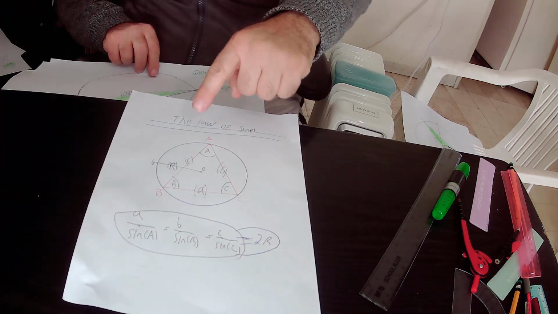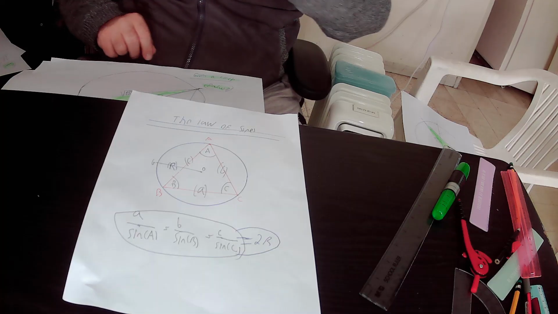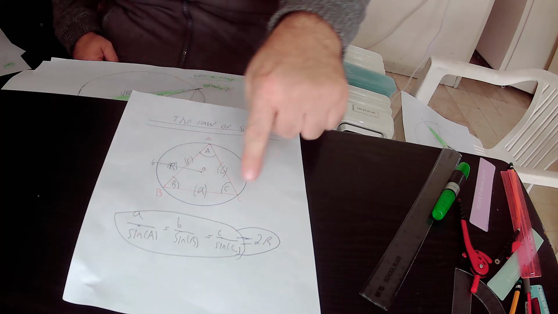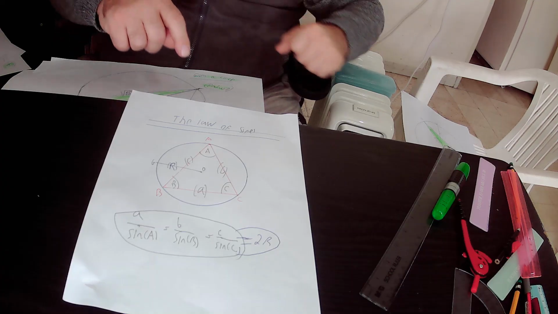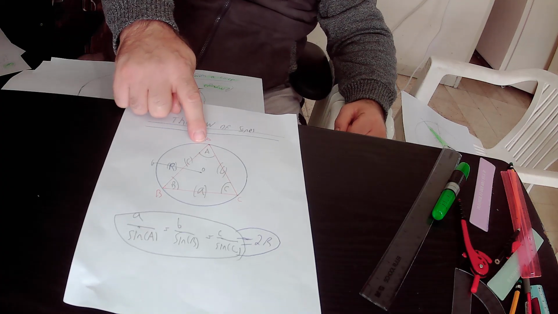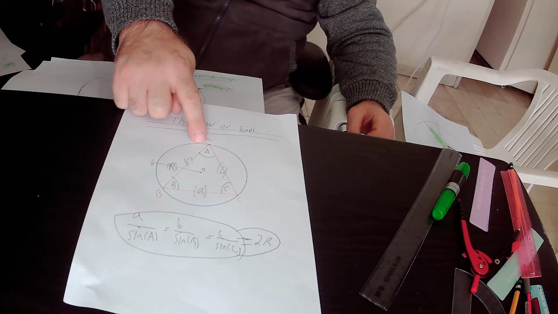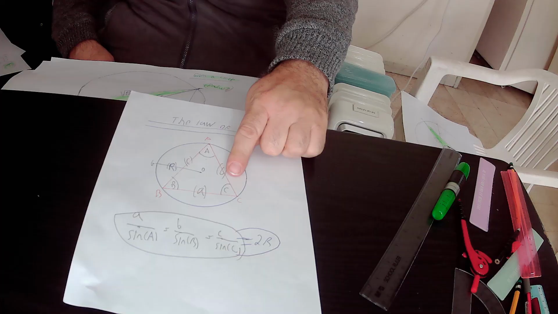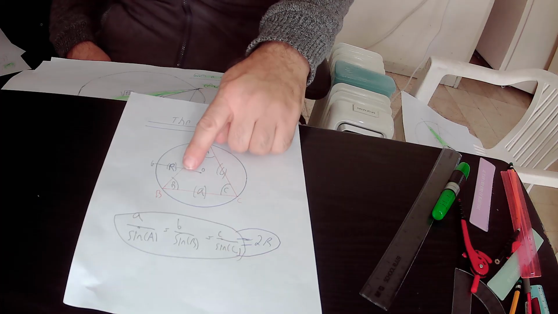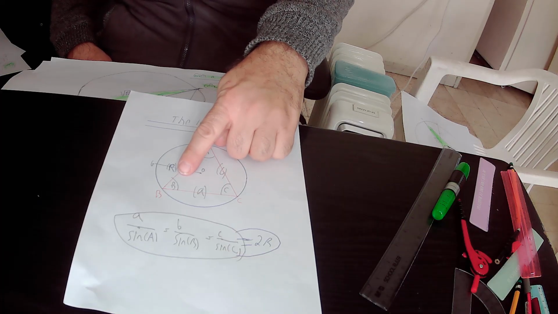This is triangle ABC that could be any triangle. Triangle ABC is inscribed by this circle with radius R. This is angle BAC, which is equal to capital A in size. This is angle ACB, which is equal to capital C in size. This is angle ABC, which is equal to capital B in size.